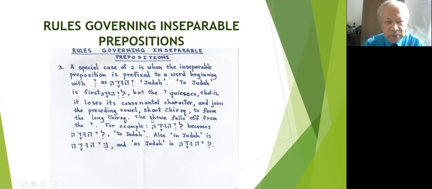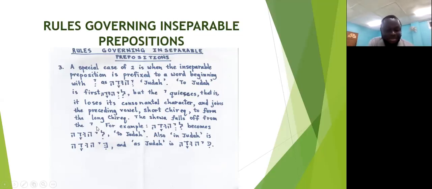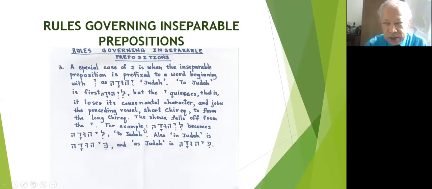I'm not sure. The schwa falls off from the yod. Let me illustrate with this example. For example, you have Li Yehutha, to Judah. What happens? The yod becomes silent, so it's not pronounced. The simple schwa disappears, and the yod and the short hirik join together to form the long vowel, the long hirik.